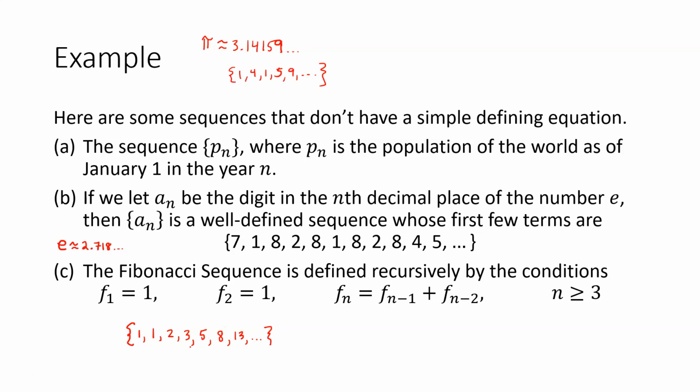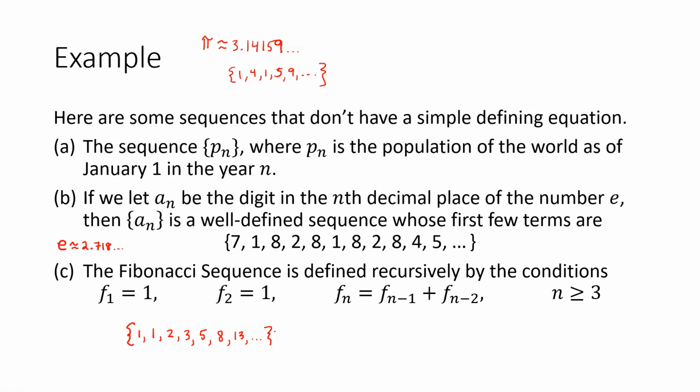And so on, right? So this can continue forever, and you can generate subsequent terms of the sequence very easily just by summing the two terms that came before it. All right, so in this case, what we're giving you is a recursive definition. To get a more explicit definition, we would want a formula where I can just plug in the value of n, and it would give me a way of computing the nth term directly.